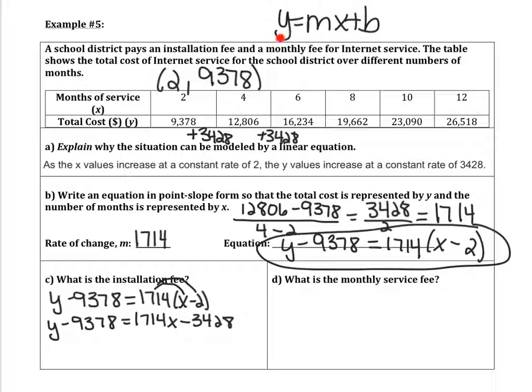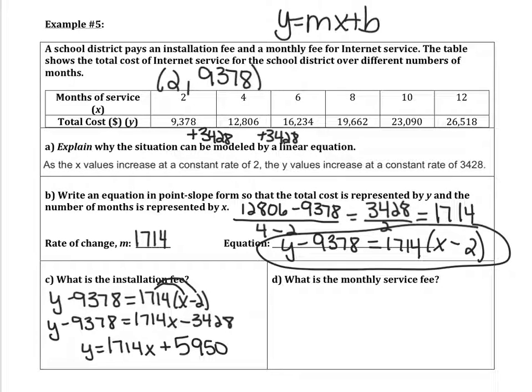Next, remember, I'm trying to get y by itself, so I put it in slope-intercept form because the b is your starting amount, and this problem is asking for that initial installation fee. So to get y by itself here, I'm going to add 9,378 over to the right-hand side. I would add that 9,378 to the negative 3,428 since they are like terms, which I end up with y equals 1,714x plus 5,950.